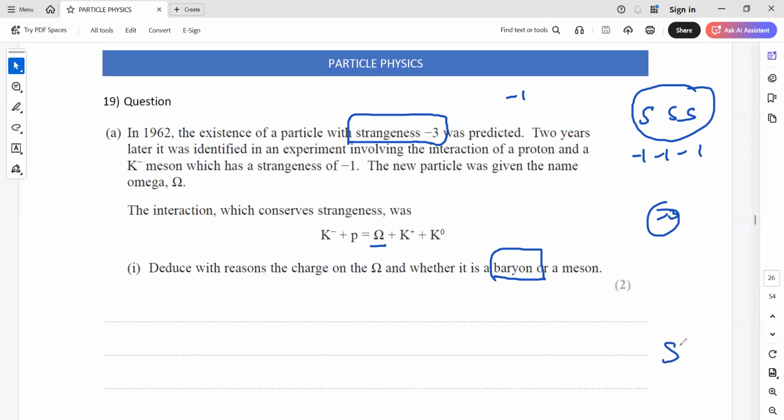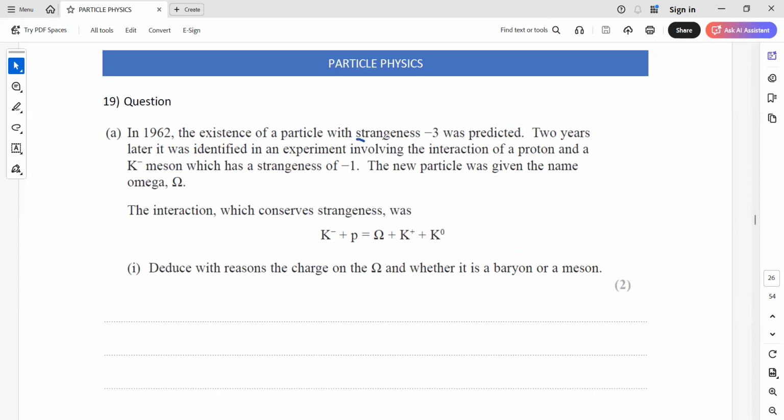If it was a meson, the strangeness number should be zero, because a strange particle and an anti-strange particle, one is +1, another one is -1. So a strangeness number of -3 indicates there must be three strange particles, and when three strange particles are there, that particle is called a baryon, because three quarks means baryon. If quark and anti-quark, then it will be a meson.